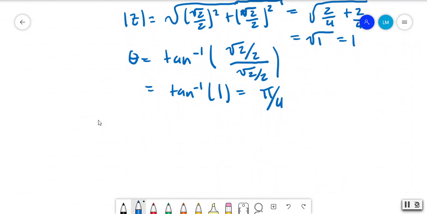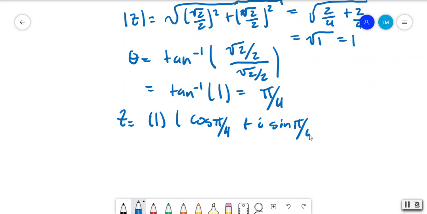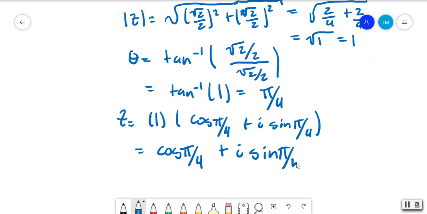The complex number in polar form went from root 2 over 2 plus root 2 over 2 i to 1 times cosine of pi over 4 plus i sine of pi over 4, which you can rewrite as cosine of pi over 4 plus i sine pi over 4.